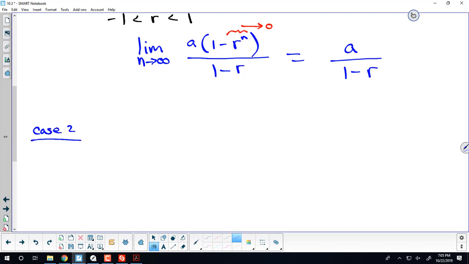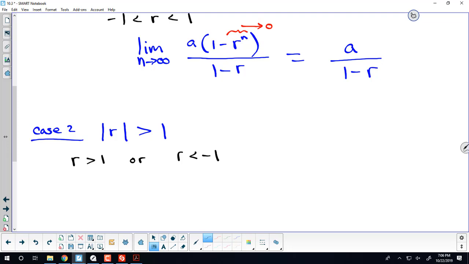The second case is when the absolute value of R is larger than 1. Really that breaks down into two subcases, but I don't know that we need to look at both of them individually. This actually means that either R is greater than 1 or R is less than -1.